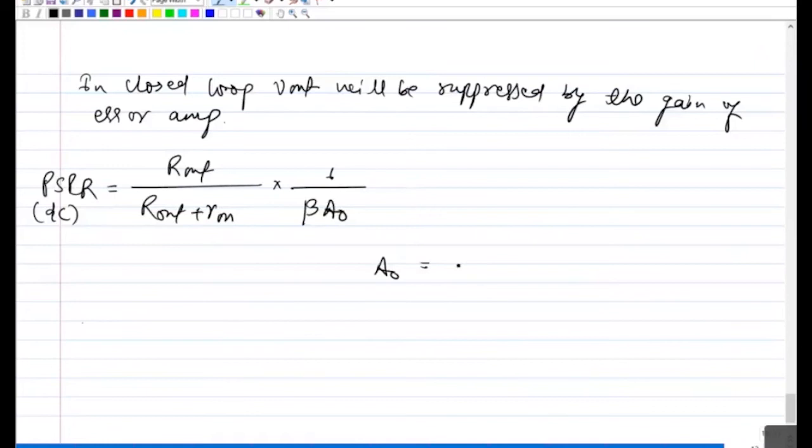A naught is your GM1 R gate and GM2 R out. So this is the additional factor you are getting here.